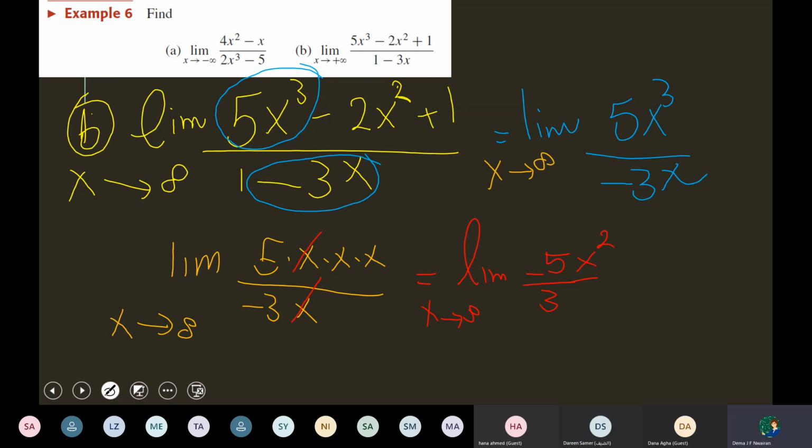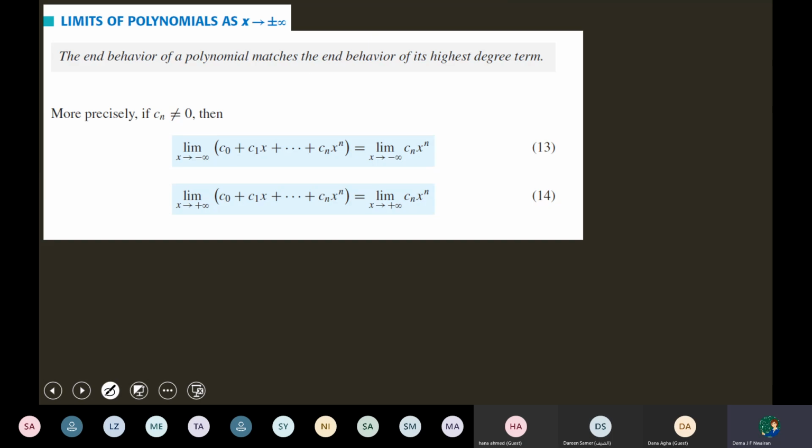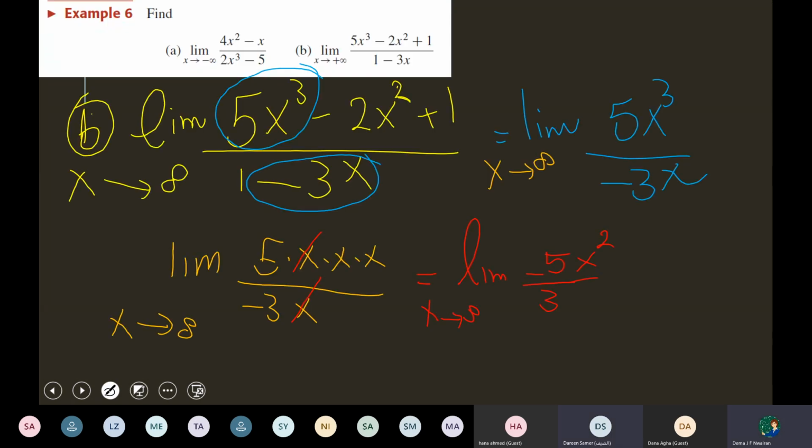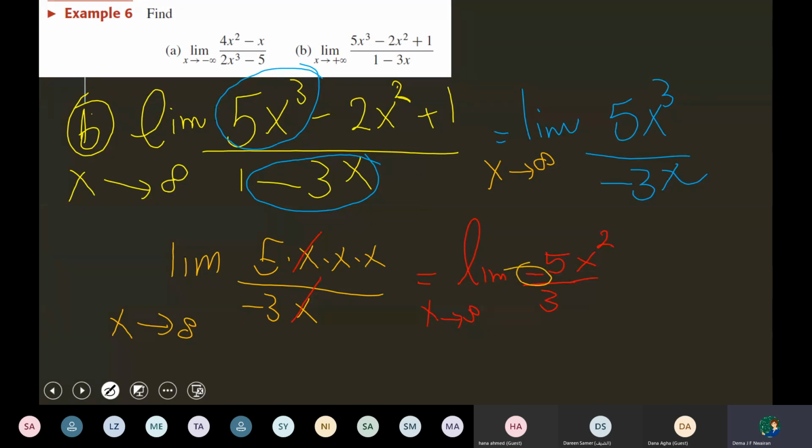So here what we have to do, as we said yesterday, it's like this one, like negative 7x to the power 6. But here now we have negative 5. So we deal now with the negative sign only. We put the negative sign times infinity squared, it will be positive infinity, and the answer will be negative infinity. Is it clear? Yes. Okay.